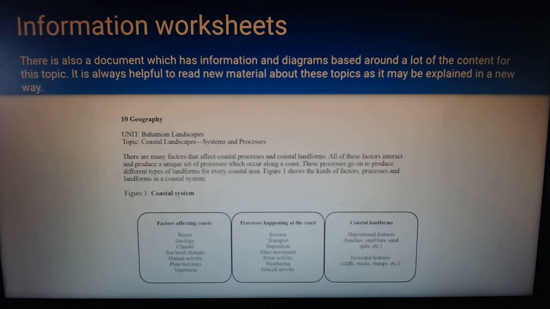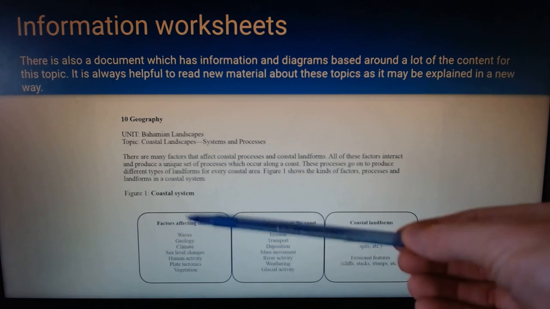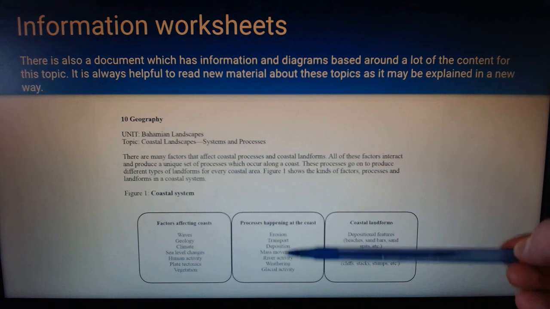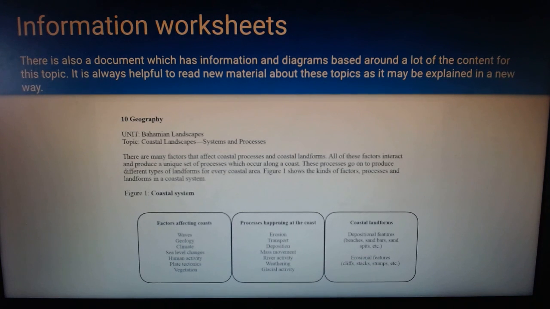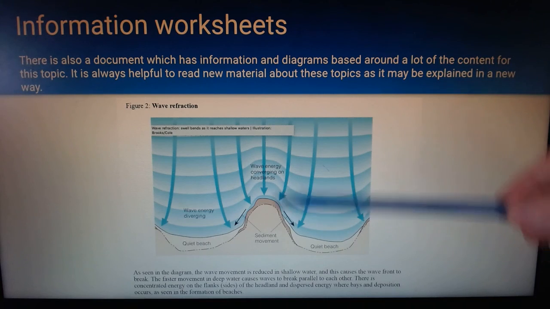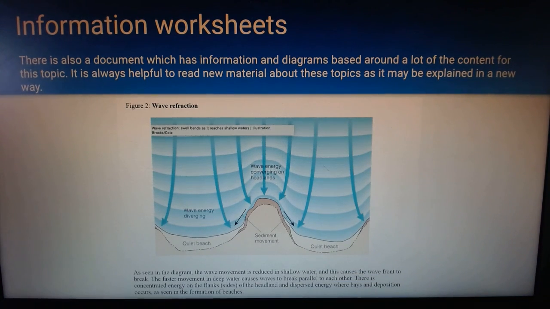Just to give you some examples: factors affecting the coast, very good. Processes happening, so what are the things: erosion, transportation, deposition, mass movement, all of that. And then again, it lists types of landforms, depositional and erosional. It's got some stuff about headlands and bays as well.